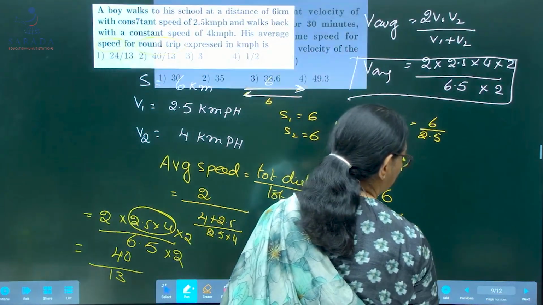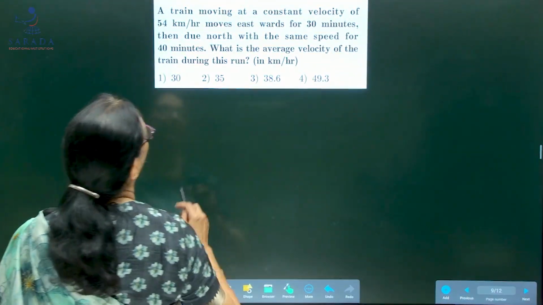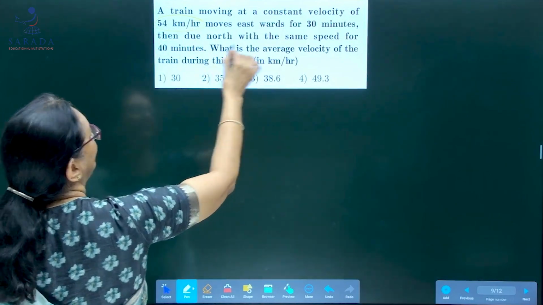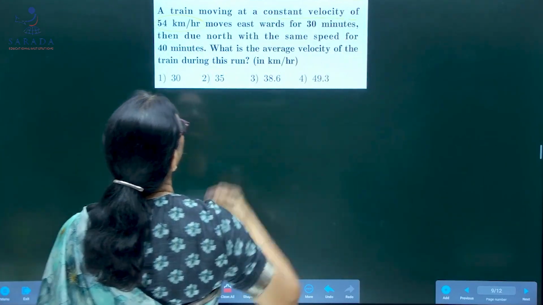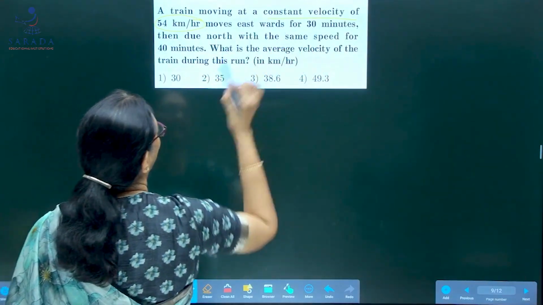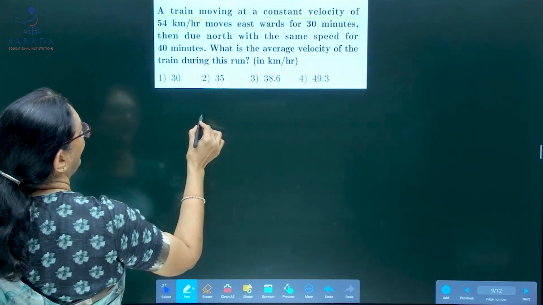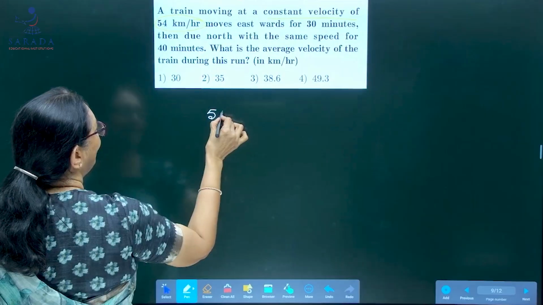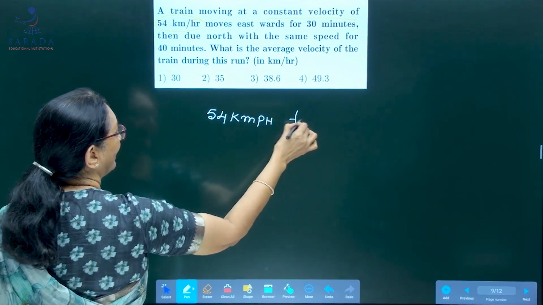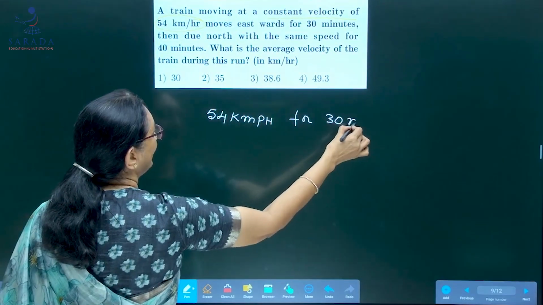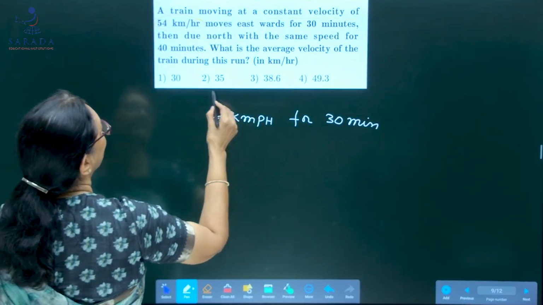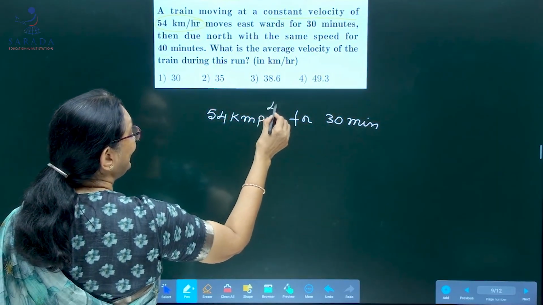Okay. Let us go to the next problem. A train is moving at a constant velocity of 54 km/h, moves eastwards for 30 minutes. Then this is with a constant velocity east.